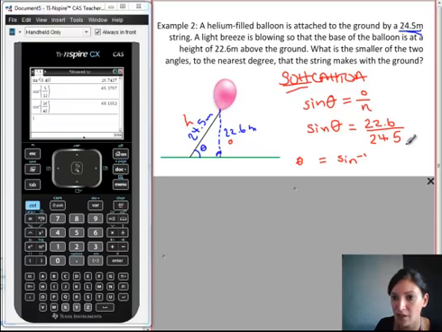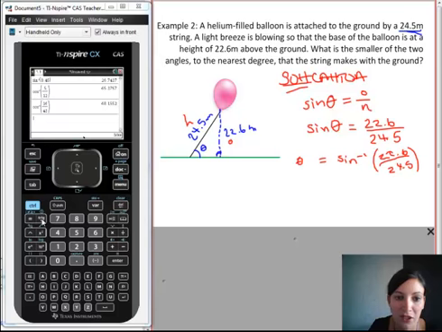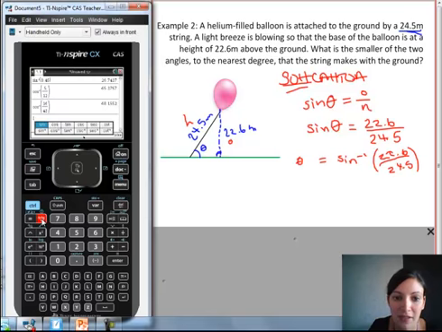Okay, so to work out theta, we need to do the inverse sine of 22.6 over 24.5. Sorry, that's looking a bit messy. 22.6 over 24.5. Okay, let's put that into the calculator. So trig functions, inverse sine.